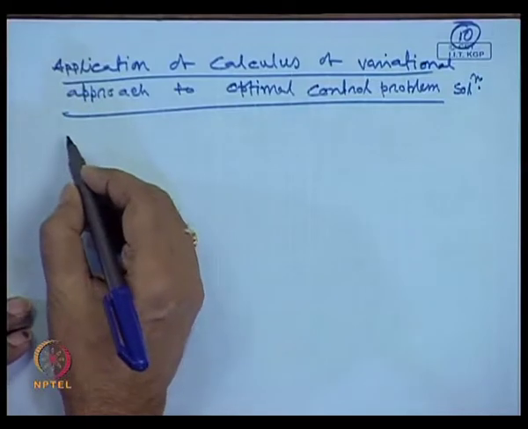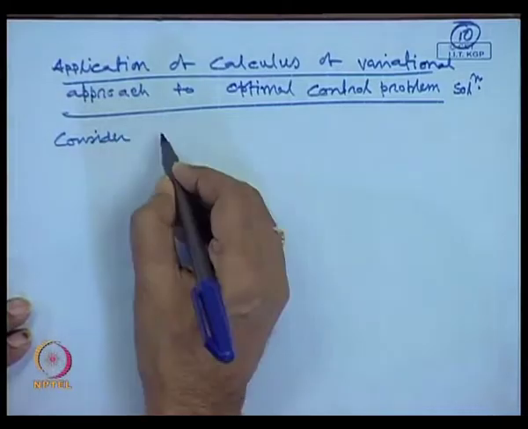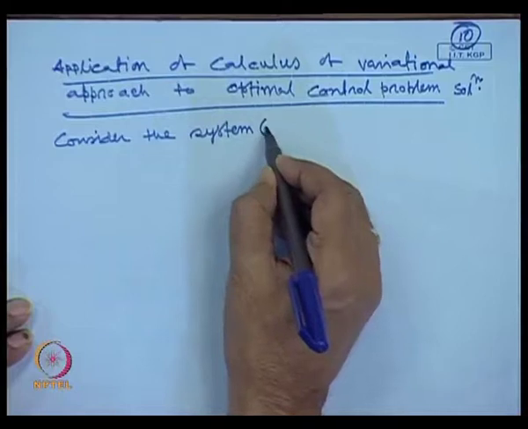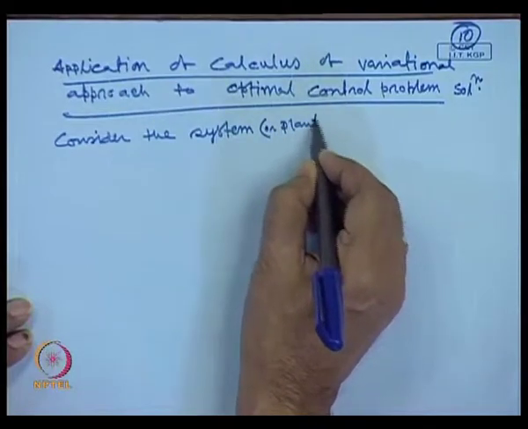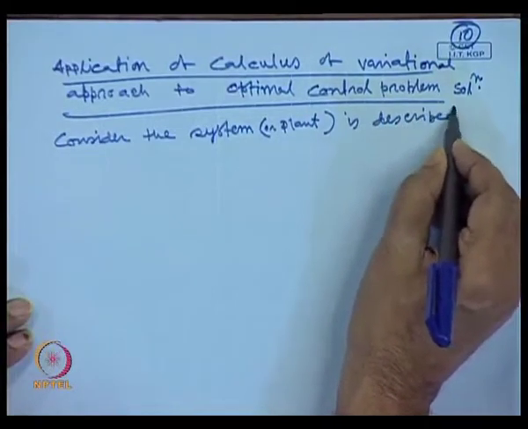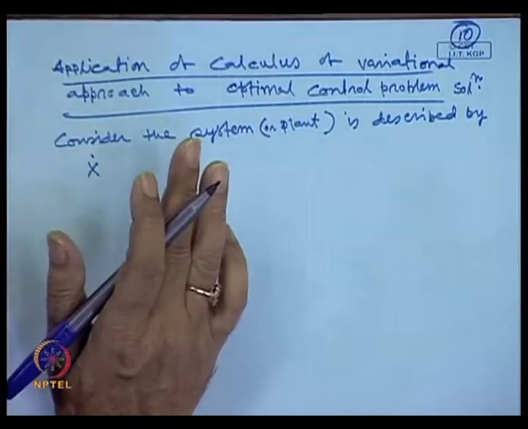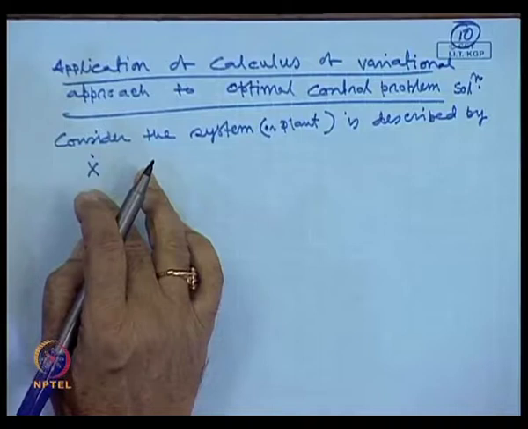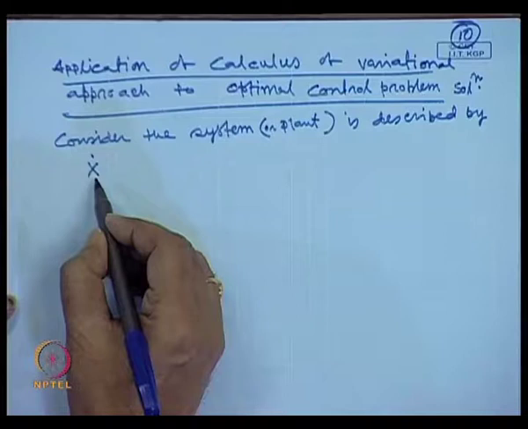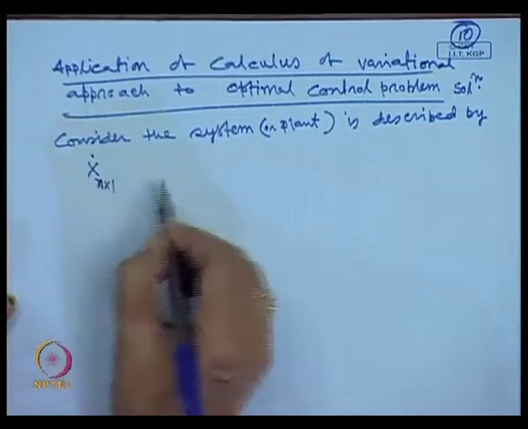Let us consider our system or plant. Consider the dynamic system or plant is described by X dot. Capital X I am using to represent the variables when there are more than 1. Let us call that variable n cross 1, n variables are there.